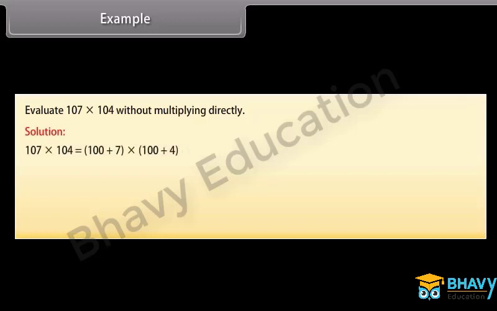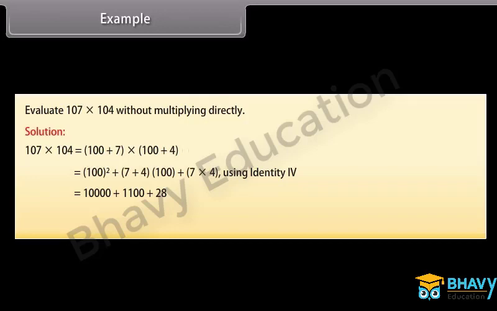Solution. 107 times 104 is equal to (100 + 7)(100 + 4), which equals 100^2 + (7 + 4)(100) + 7 x 4 using identity 4, which equals 10,000 + 1,100 + 28, which is equal to 11,128.